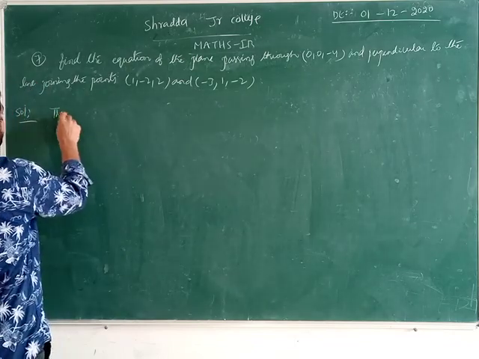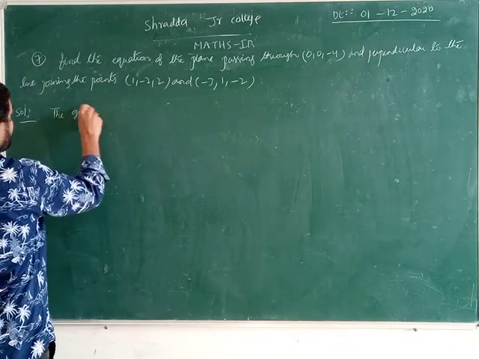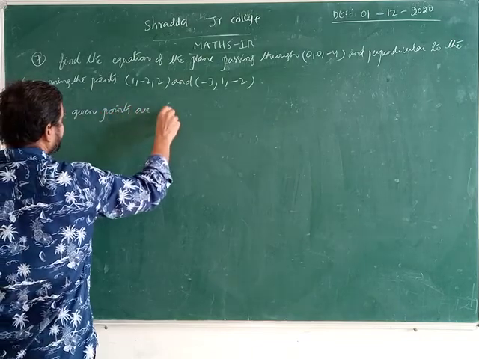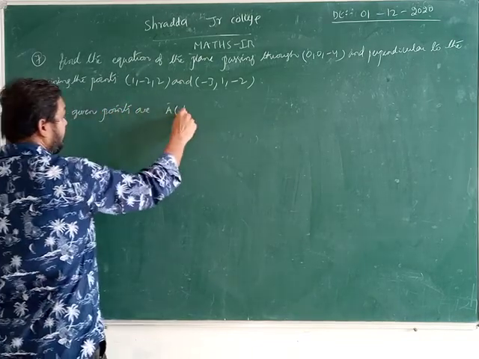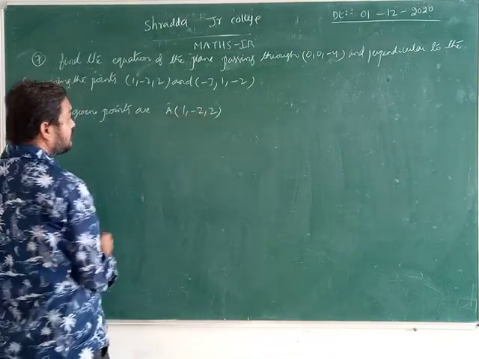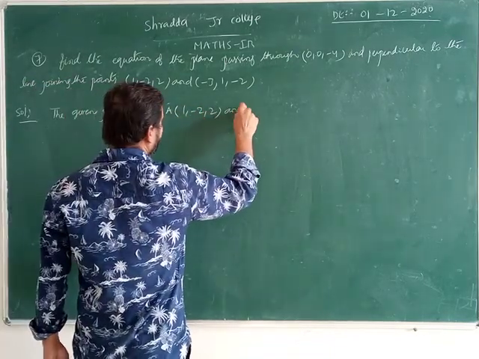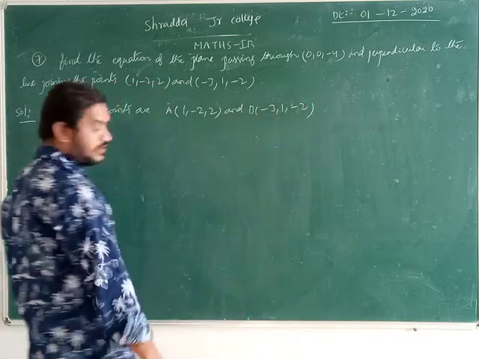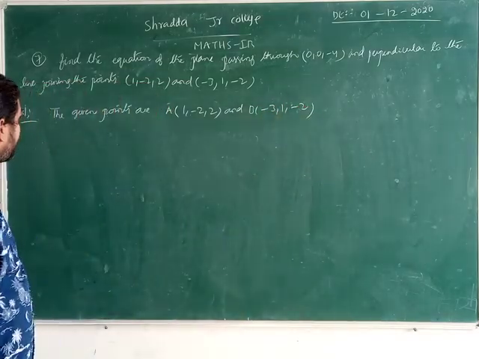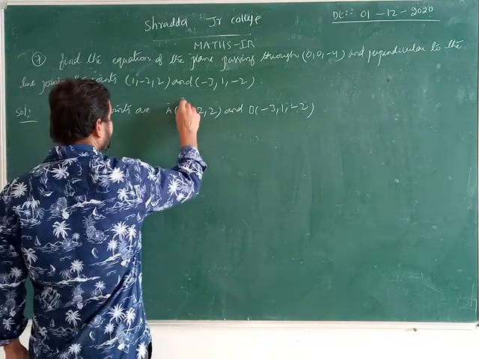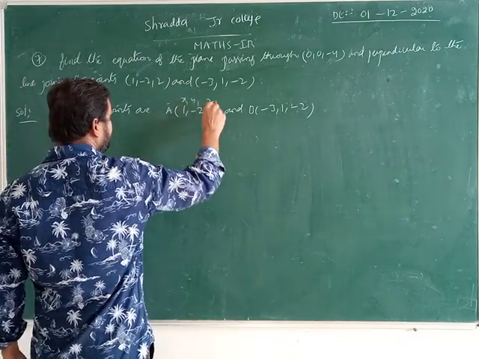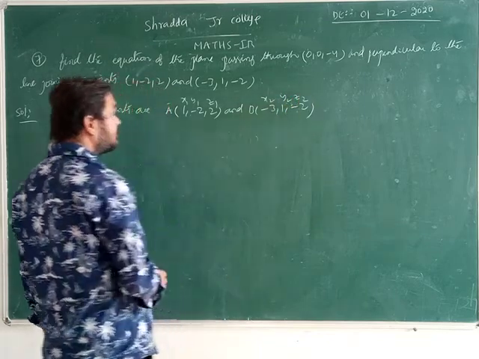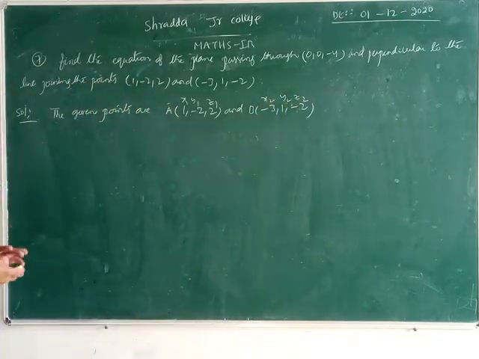See now, the given points are A 1, minus 2, 2 and B minus 3, 1, minus 2. So the first point is denoted by x1, y1, z1. The second point is denoted by x2, y2, z2.